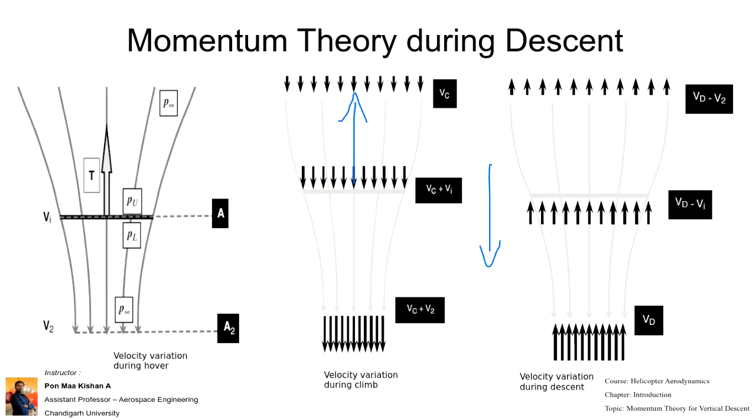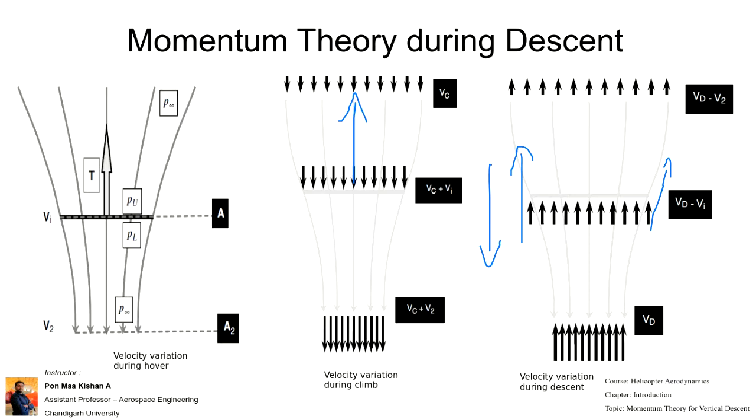So what happens at the rotor stream tube, with the boundary conditions you are taking? The flow will be from down to up. Whereas in climb the direction of flow is up to down, in the descent phase the flow is from down to up.